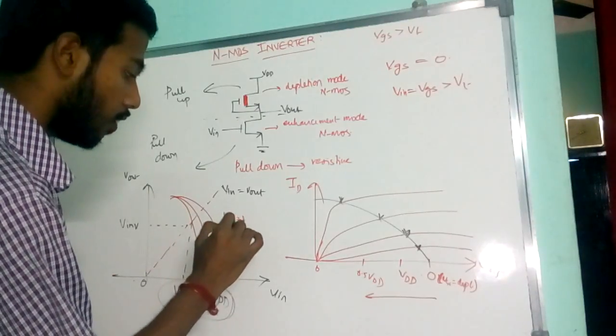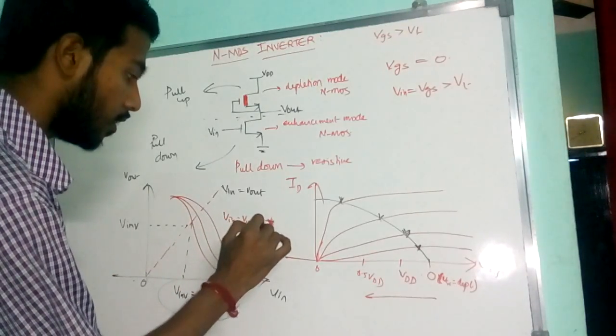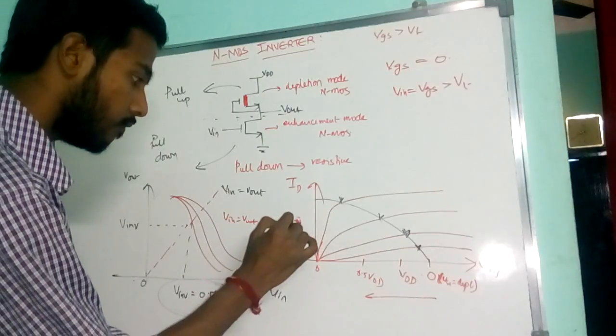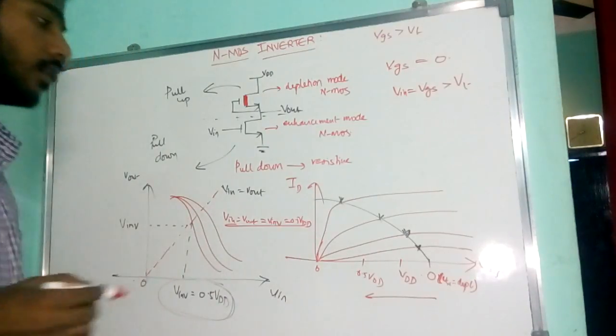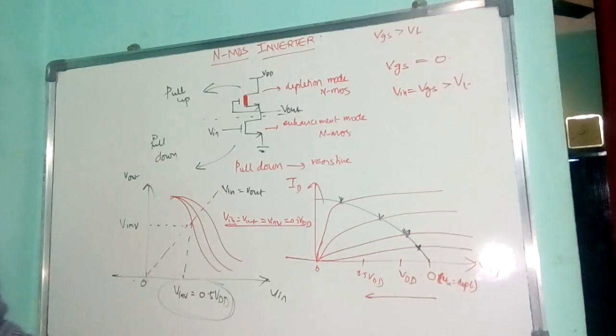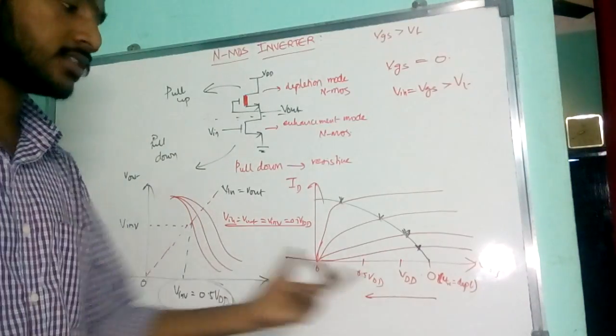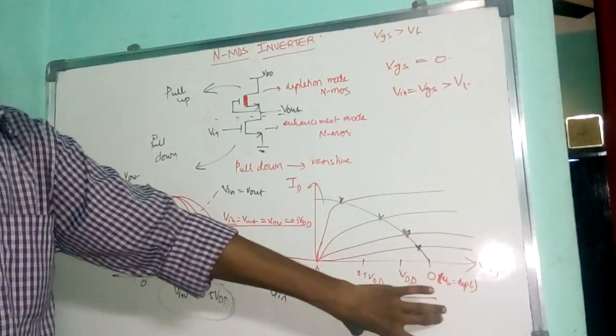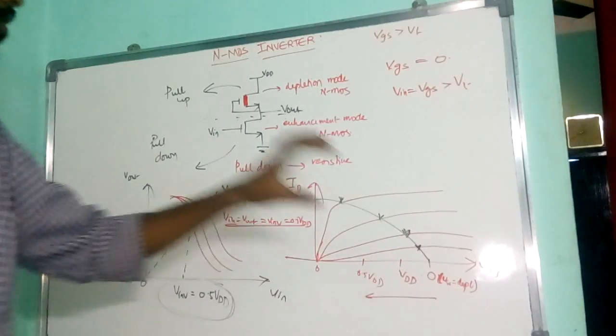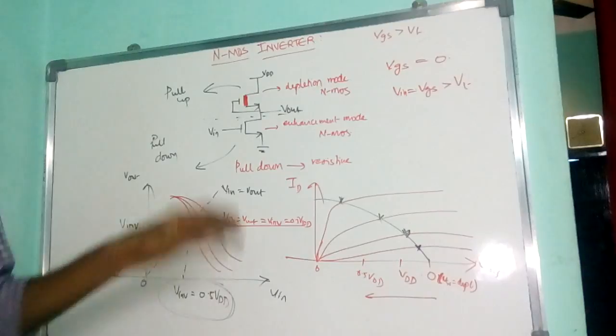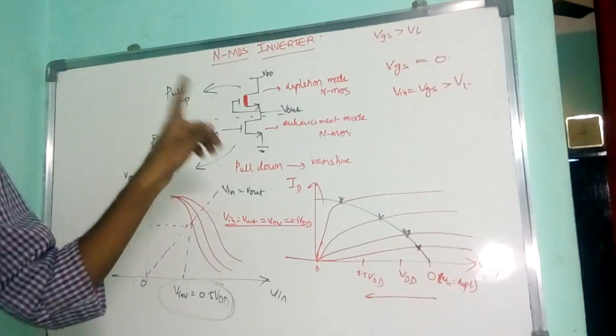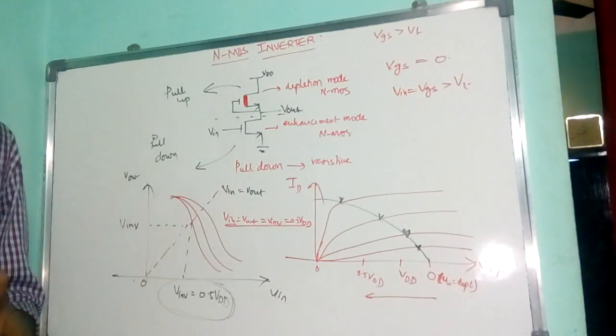So Vin equals Vout equals VINV equals 0.5 VDD. This is how this NMOS inverter works, and these are its transfer characteristics and input output characteristics. Basically it has two NMOS transistors, one in depletion mode and one in enhancement mode.